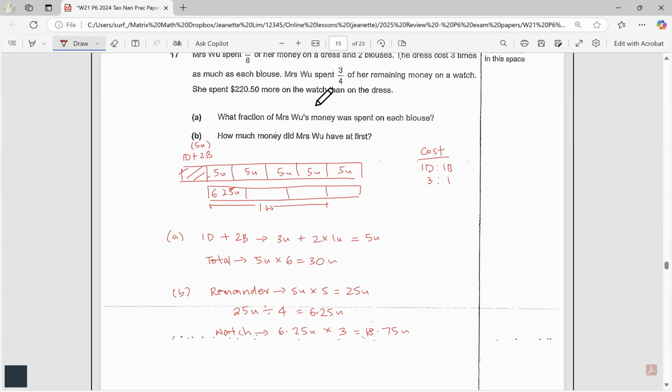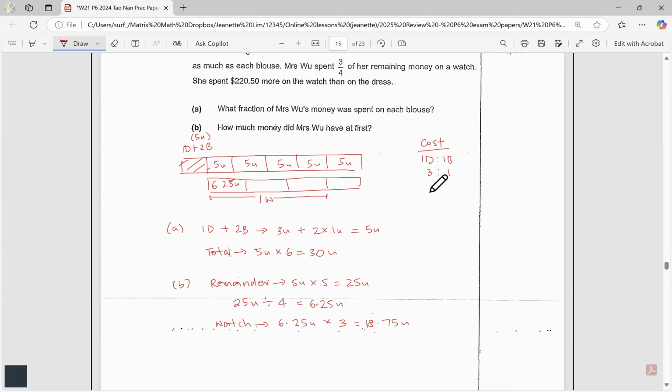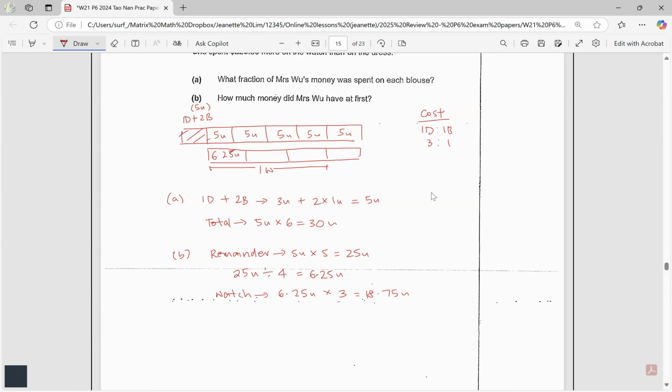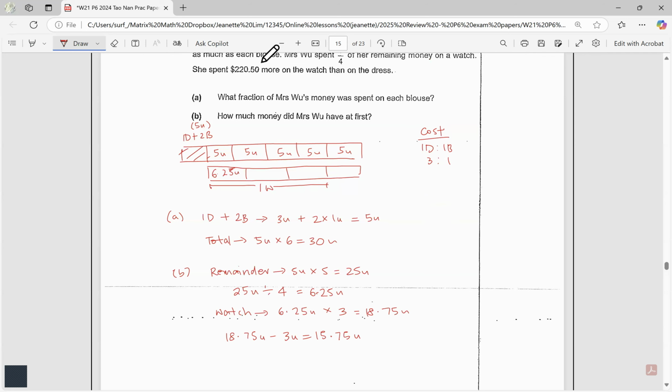So you compare the watch and a dress. Dress is 3 units. So the difference would be 18.75 units minus 3 units. Get 15.75 units. Okay, and that would be $220.5.